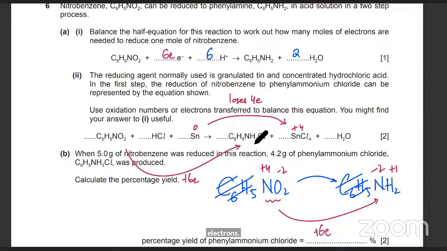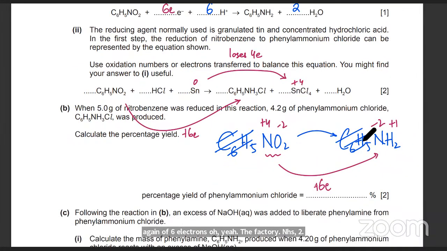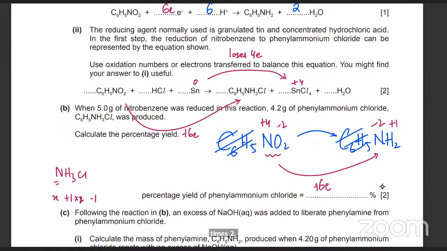और ये याद रखना कि NH2 and NH3Cl will have the same oxidation state. Like even if it's NH3Cl, वो N की निकालो ना, it's going to be x. This is +1 times 2. Cl is -1. So you +1 times 3, Cl is -1. So what do you get?